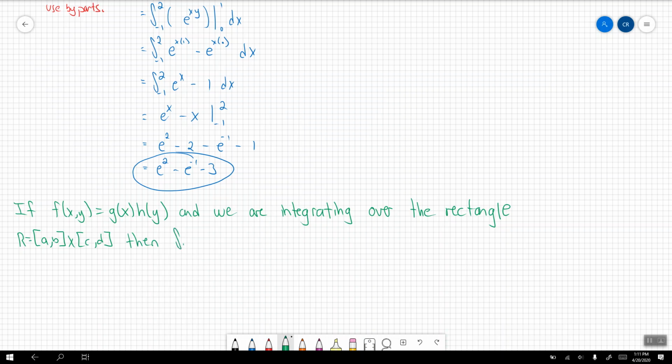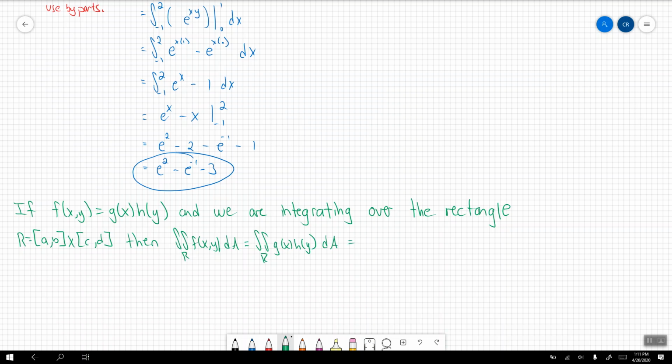Then the double integral over that region for that function f of x, y with respect to dA can be thought of as a double integral over the region where we have that function being split. And this is all dA.